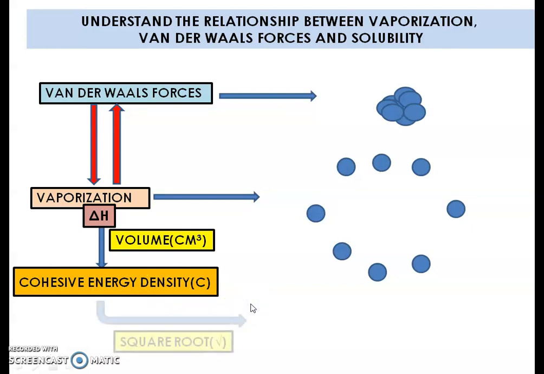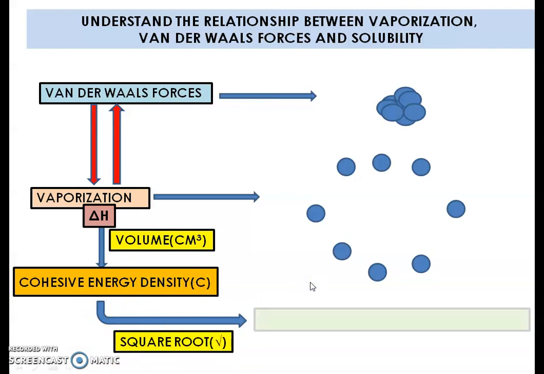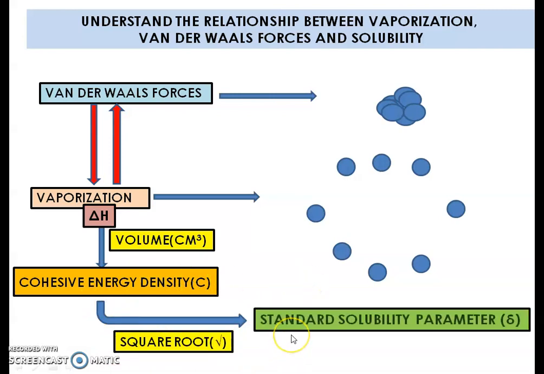And when we take the square root of this cohesive energy density, we get our standard solubility parameter, delta.